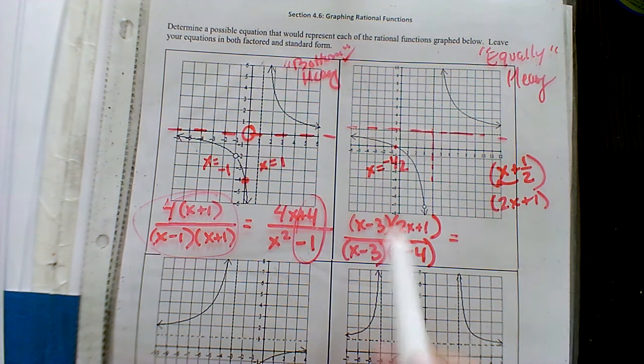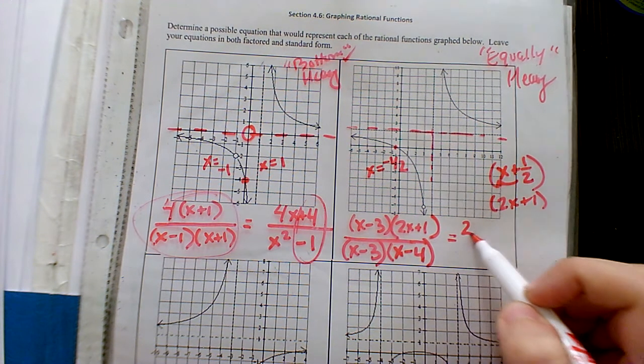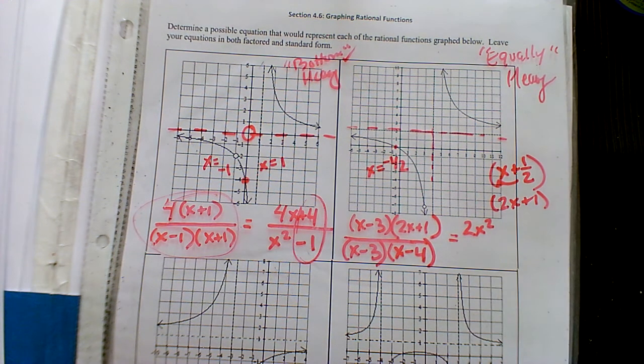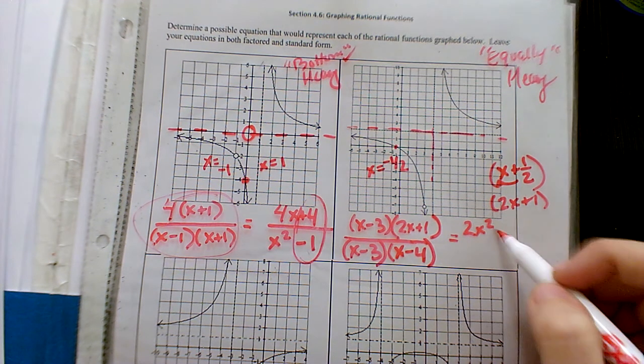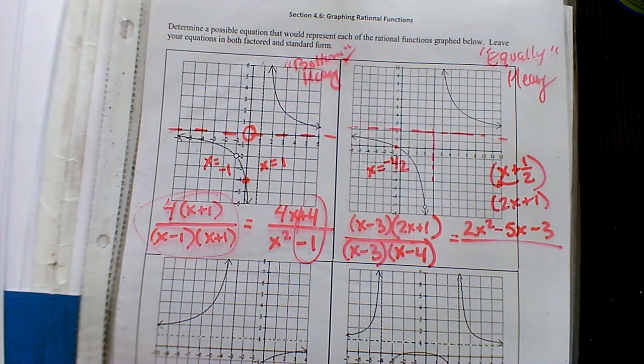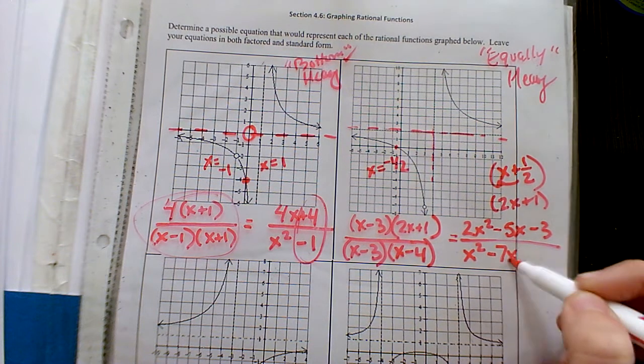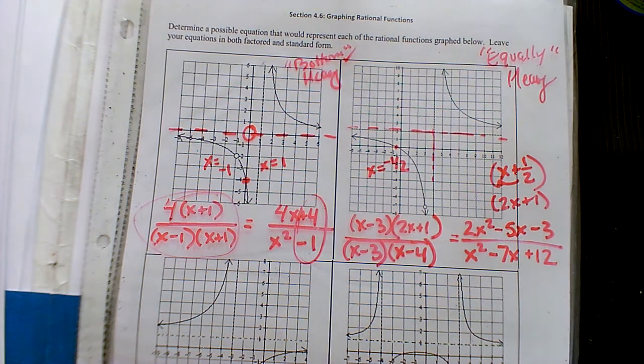So let's actually see what that looks like. If we multiply the top out, FOIL process, we'll have 2x squared, we'll see x minus 6x, so minus 5x, and then minus 3. On the bottom, we'll have x squared minus 7x plus 12.